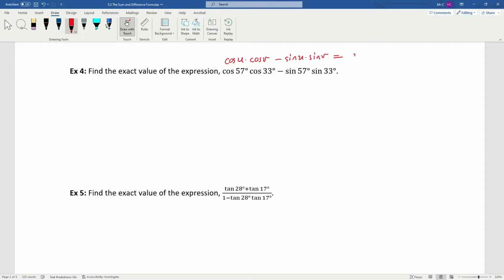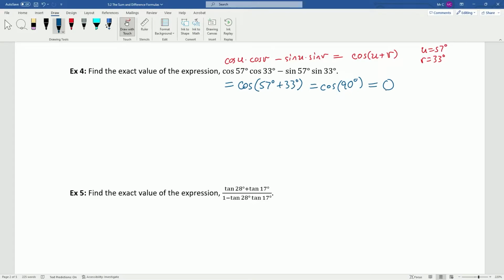And, oh yeah, that's my sum formula for cosine, with u equal to 57 degrees and v equal to 33 degrees. So that means I can take this expression here and just rewrite it as cosine of 57 degrees plus 33 degrees, which is the same thing as cosine of 90 degrees, which is 0.